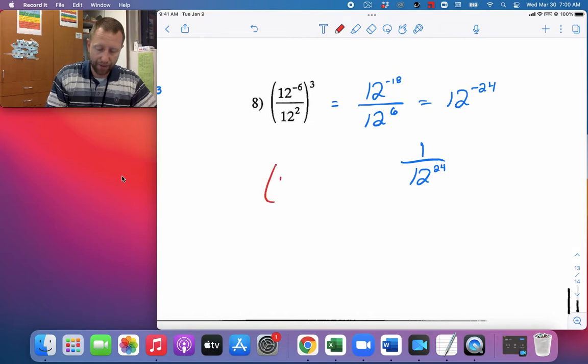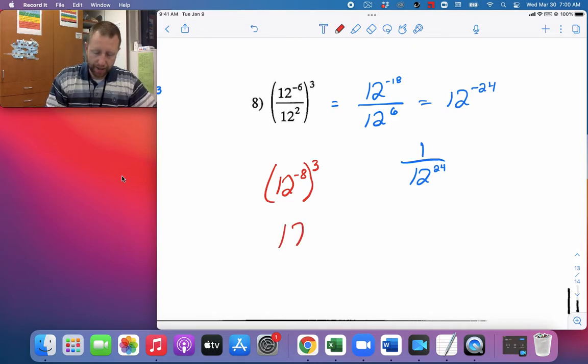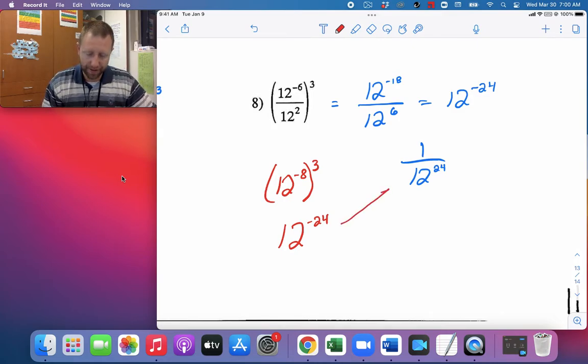So now I have 12 to the negative 8th power raised to the 3rd power. Now I can apply that power to a power rule. Negative 8 times 3, that gives me negative 24. And then to make that negative exponent positive, I'm going to do just what I did the other way. Put it under 1. Put it on the other side of the fraction bar.